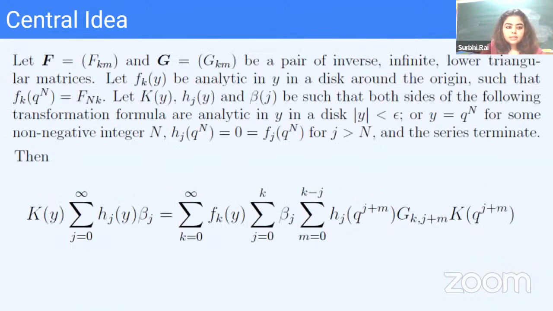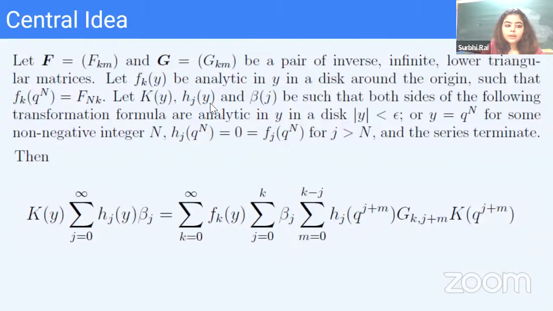To summarize our central idea, we codify our approach in the form of this result. That is, if we have a pair of inverse matrices F and G, and then we select small f_ky, which is an analytic function in a disk around the horizon, which satisfies that f_k at q raised to n is related to the matrix entry f_nk.